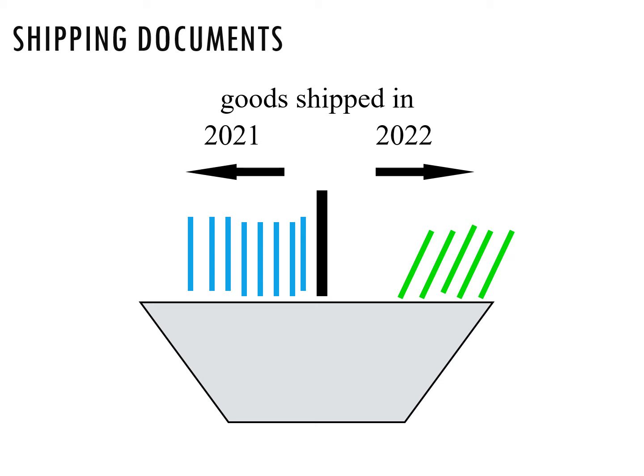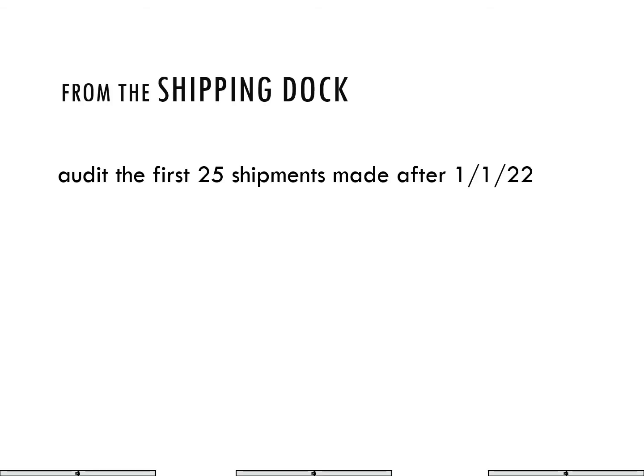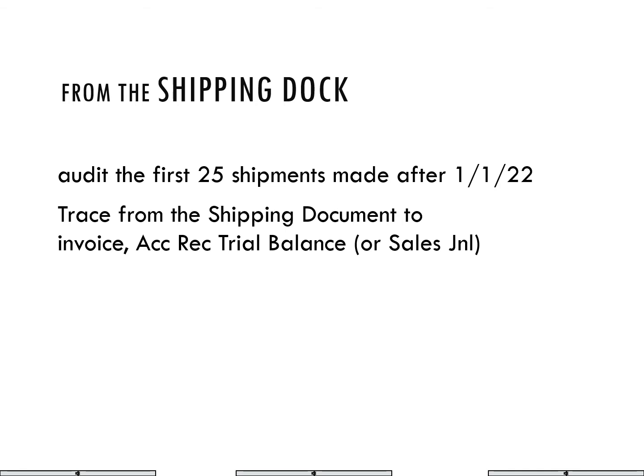Everything to the right, the green documents, were actually shipped in January. If we're at the loading dock, we're going to audit the first 25 shipments made in January. We're going to trace from the shipping document to the invoice, to the accounts receivable trial balance, and the sales journal.